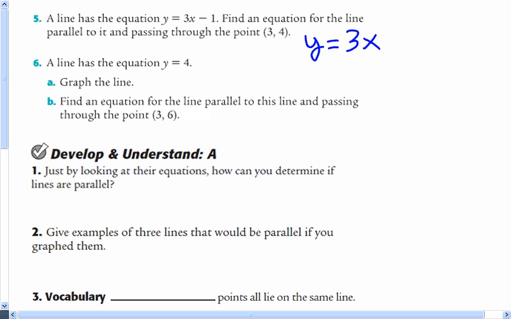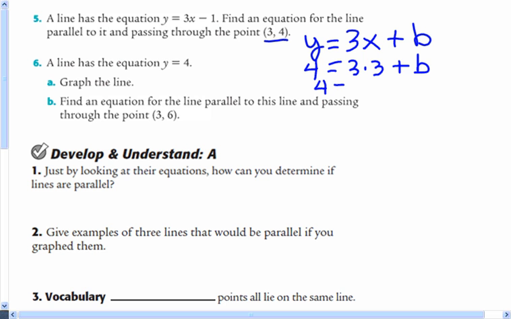We're going to need a different y-intercept, though, to get it to go through the point (3, 4). So I'm just going to represent that y-intercept as b for now. Now, if it goes through the point (3, 4), that means when I put in 3 for x, so do 3 times 3 plus b, and put in 4 for y, it's a true statement.